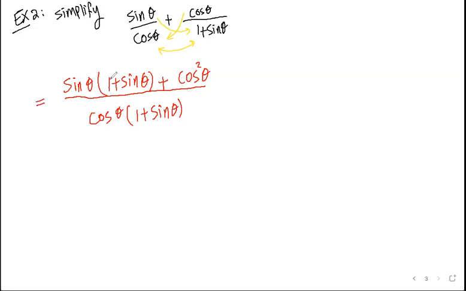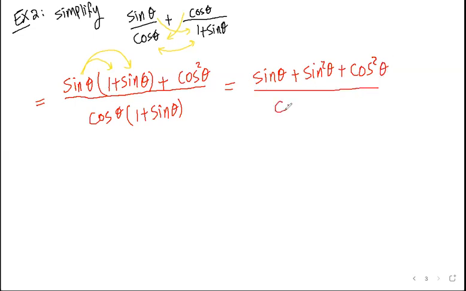Distribute the sine inside the parentheses. What do I get? Sine plus sine squared plus cosine squared over cosine theta times 1 plus sine theta.